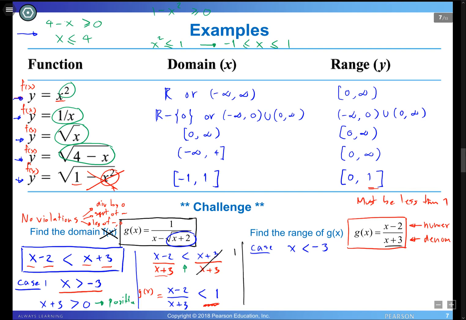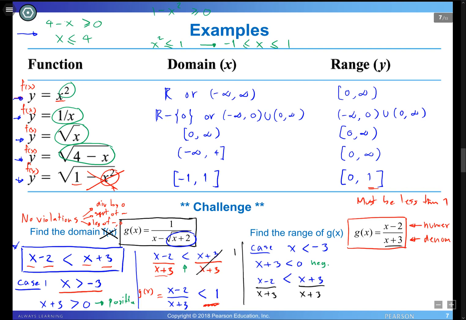So what's going to happen? In this case, x plus 3 is going to be less than 0, so this is negative. I'm going to do the same thing, starting with the condition I have over here, x minus 2 always less than x plus 3, and perform the division again by x plus 3.